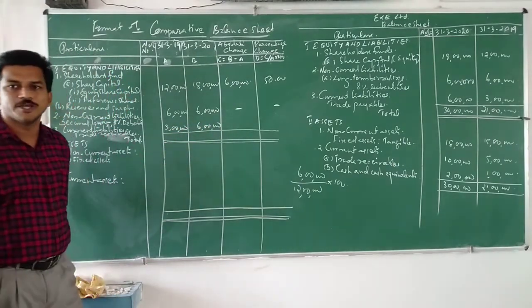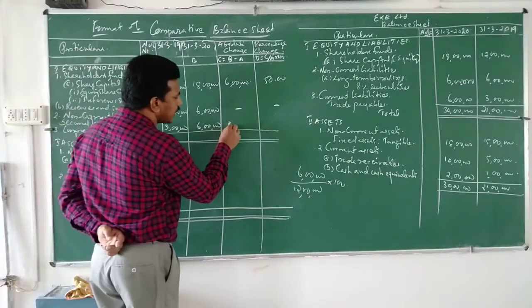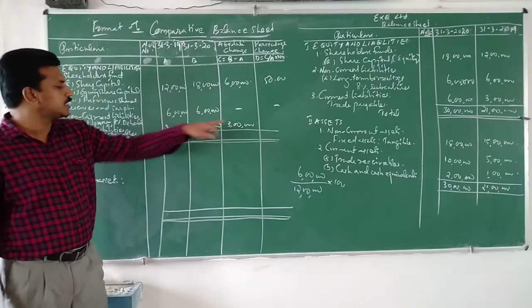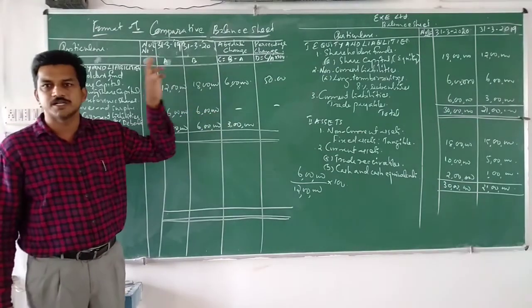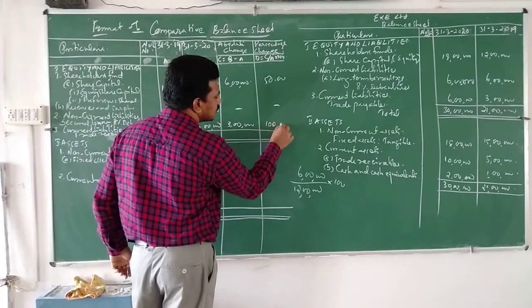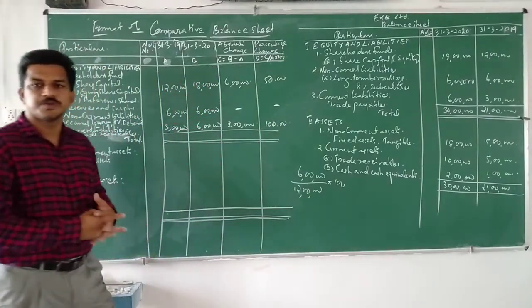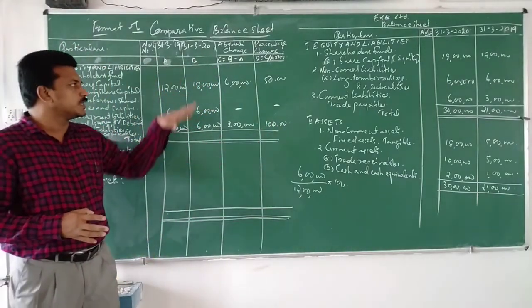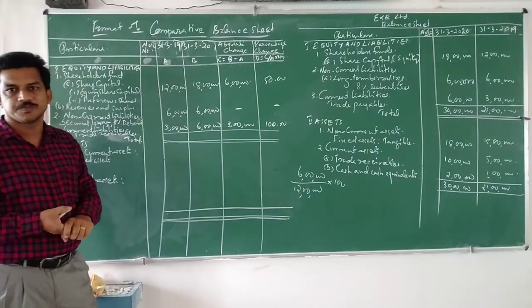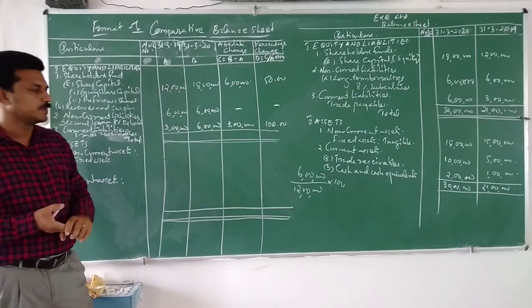So total change 3 lakh and percentage change is 3 lakh divided by 3 lakh into 100, that is we will get 100%. Okay, so that is all regarding the percentage change for this item.